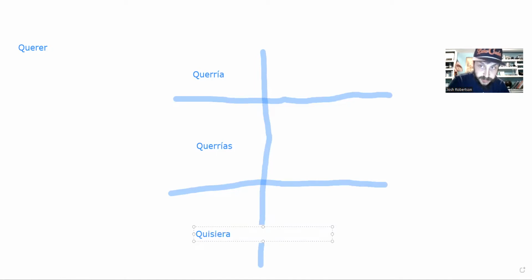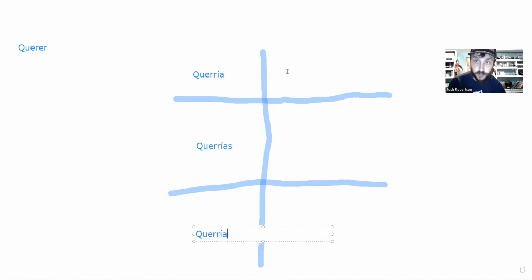Quisiera in the imperfect subjunctive, or quisiese, right? Now for the conditional indicative, it is quería, right? That's what makes this tense so tricky, is that you've got a minor stem change right here, right?